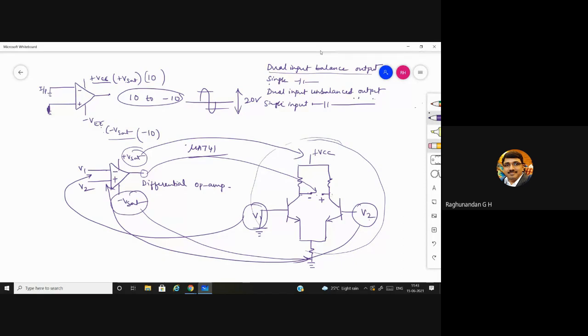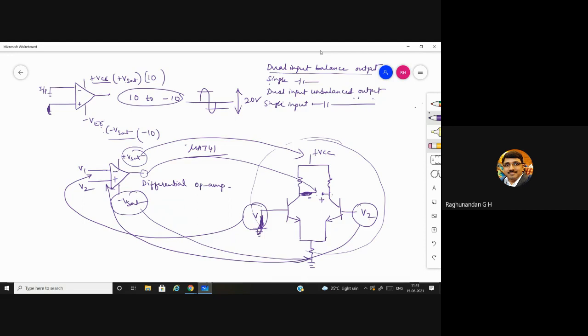Dual input unbalanced output. Dual input means both the signals are given, but we are going to take the output across only one transistor. Dual input unbalanced output means signals are given to both the transistors or both the terminals, but we take the output across one transistor.